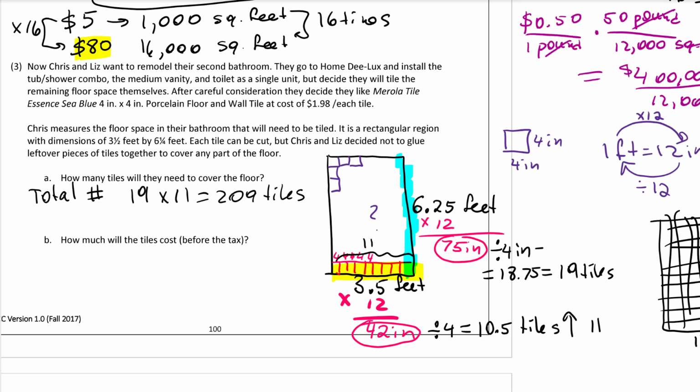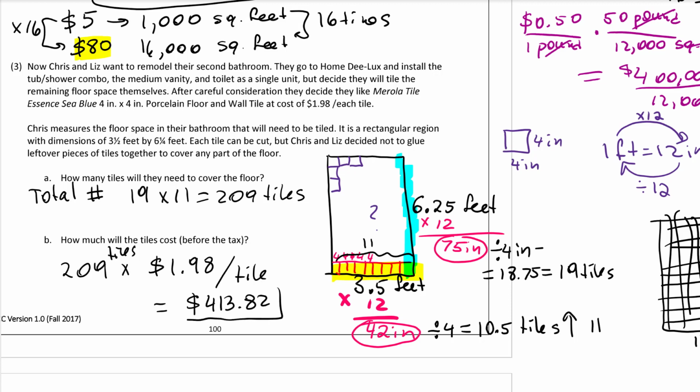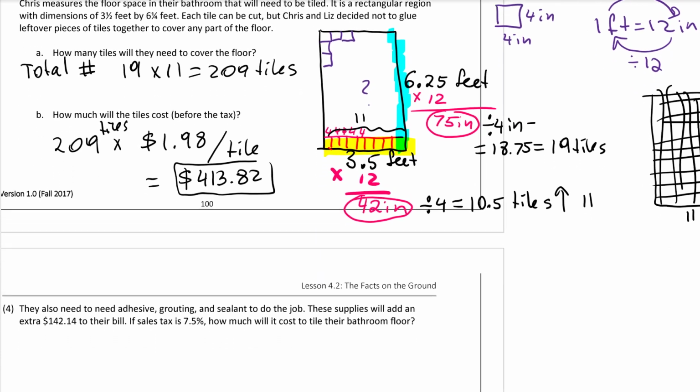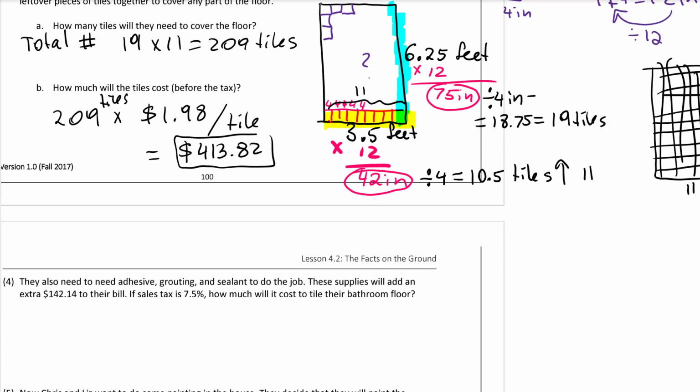How much will it cost? Well, this is the easier part, because we know that each tile is $1.98. So we multiply 209 by $1.98, and that gives us $413.82. The hardest part was finding the number of tiles. Now a little review of what it would actually cost.